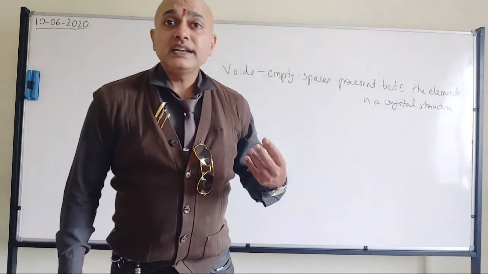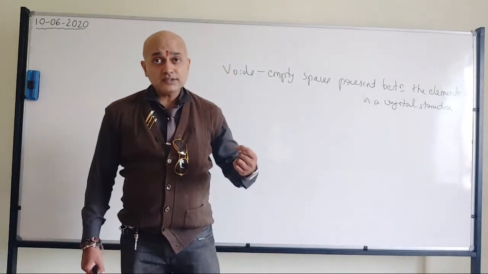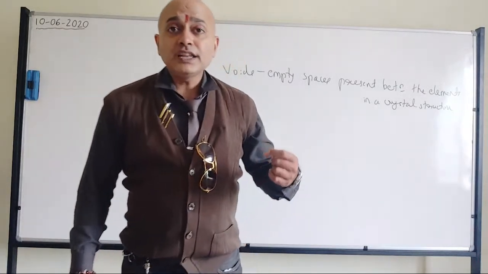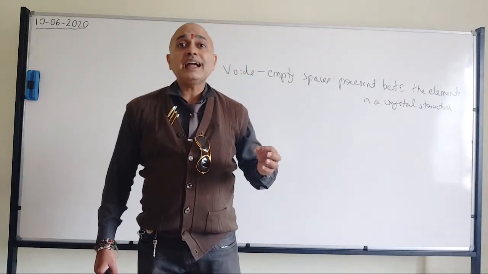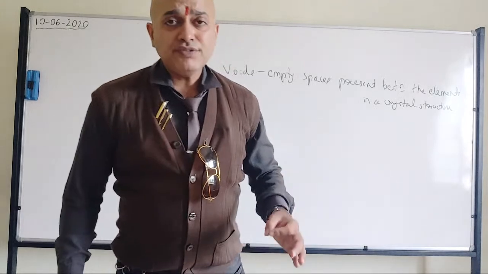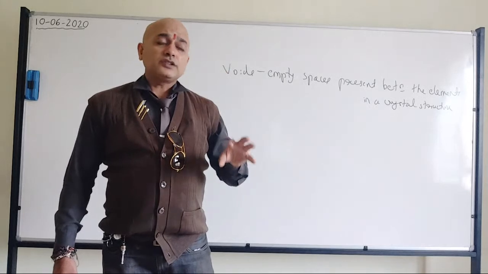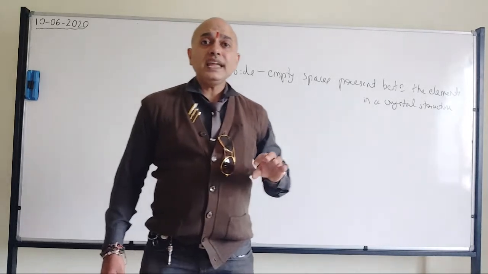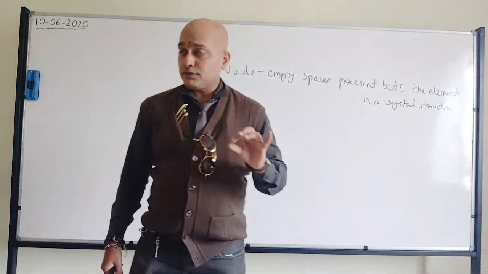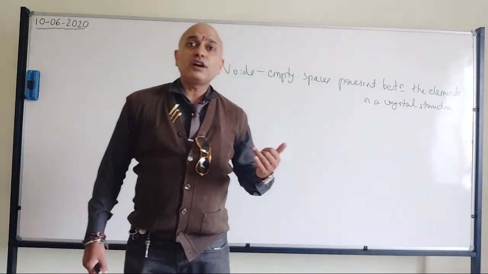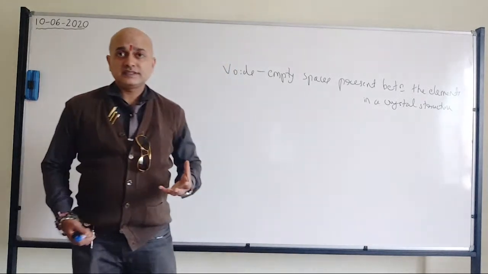So it is called octahedral voids, because when I join the nucleus of those elements involved in the formation of these voids, they will give the shape of octahedral geometry. So, based on size, tetrahedral voids will be smaller and octahedral voids will be almost double in size compared to tetrahedral voids.